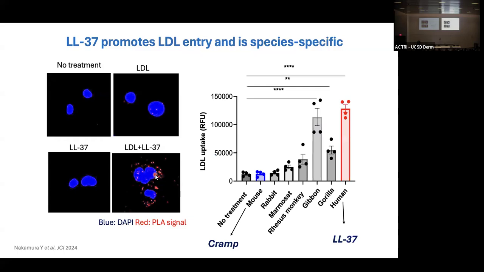And then we did this experiment with many different species of this antimicrobial peptide variant. And the old world apes, like a human and gorilla and gibbon, their species version of this all did that. And actually, these are species that when they age, they do get aspects of cardiovascular disease.